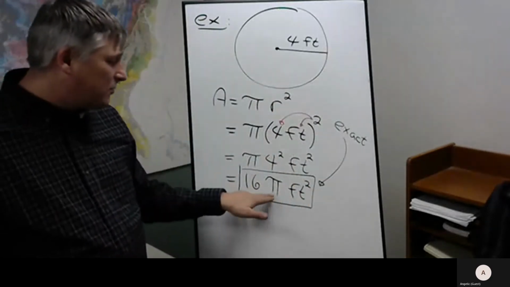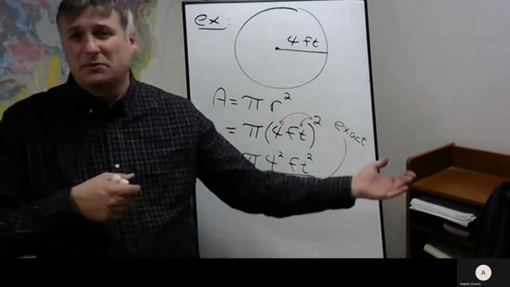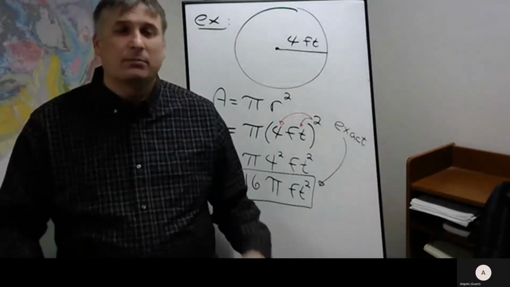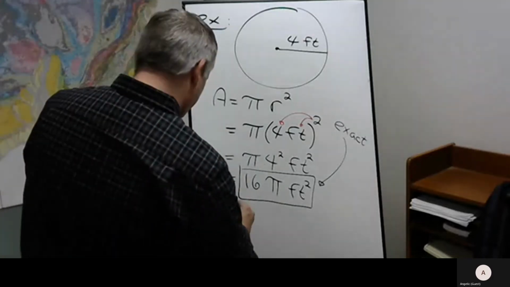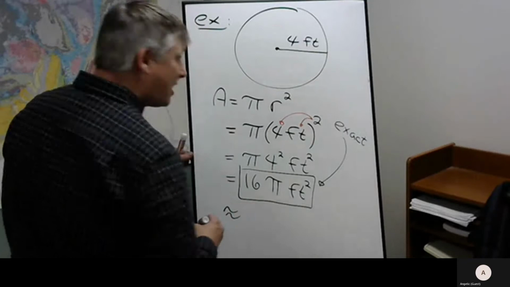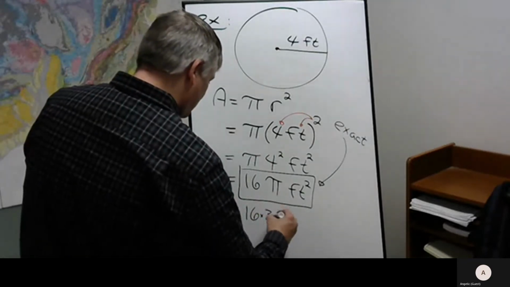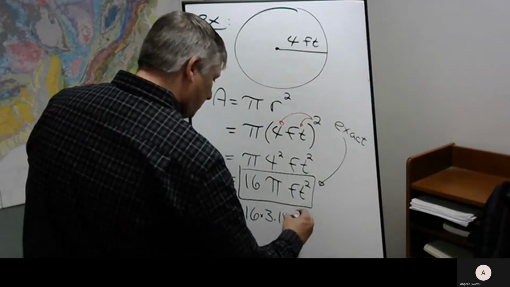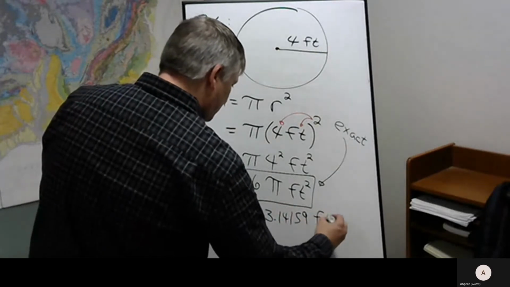Now, when we do replace this with 3.14159, we're leaving some of those digits off. So we're dealing with an approximate value. So it's approximately 16 times 3.14159 feet squared.